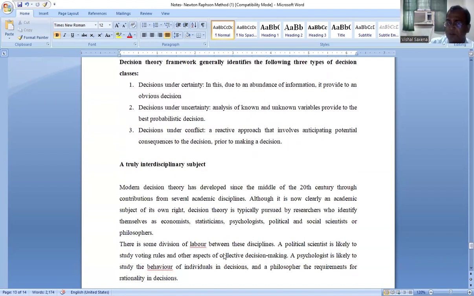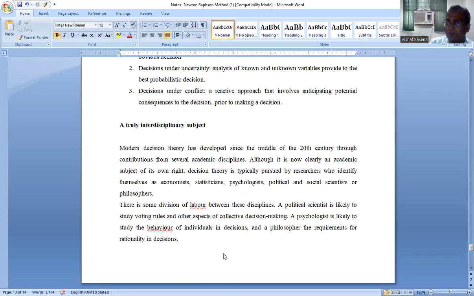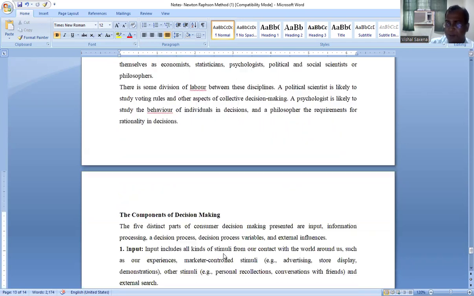We have explained decision theory as an interdisciplinary subject, because it is a scientific method based on various scientific concepts, and it provides solutions for different conditions and environments, under certainty, uncertainty, and risk. Later on, we will discuss decision theory with all these concepts in detail.